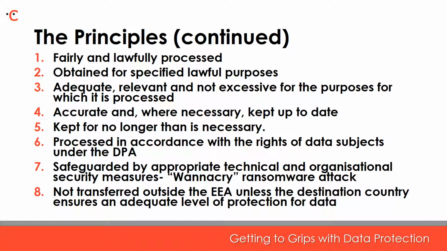In practice, this means you must have appropriate security measures to prevent the personal data you hold being accidentally or deliberately compromised. In particular, you'll need to design and organize your security to fit the nature of the personal data you hold and the harm that may result from a security breach.